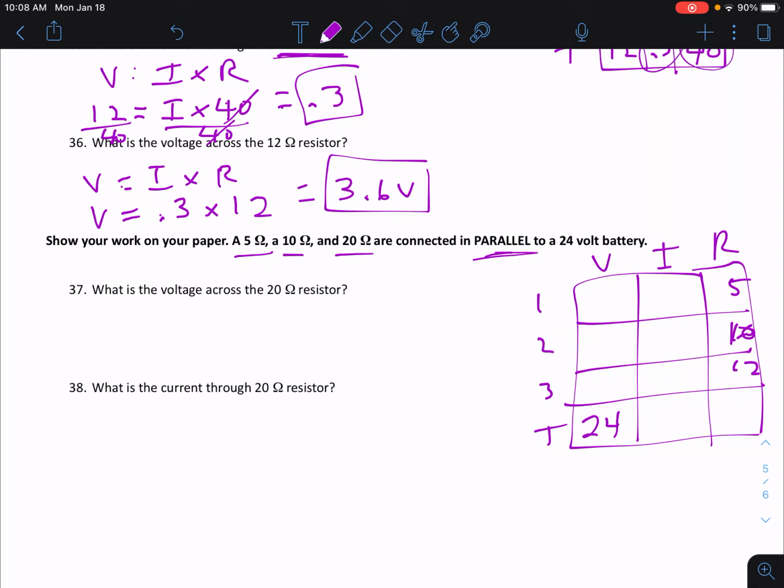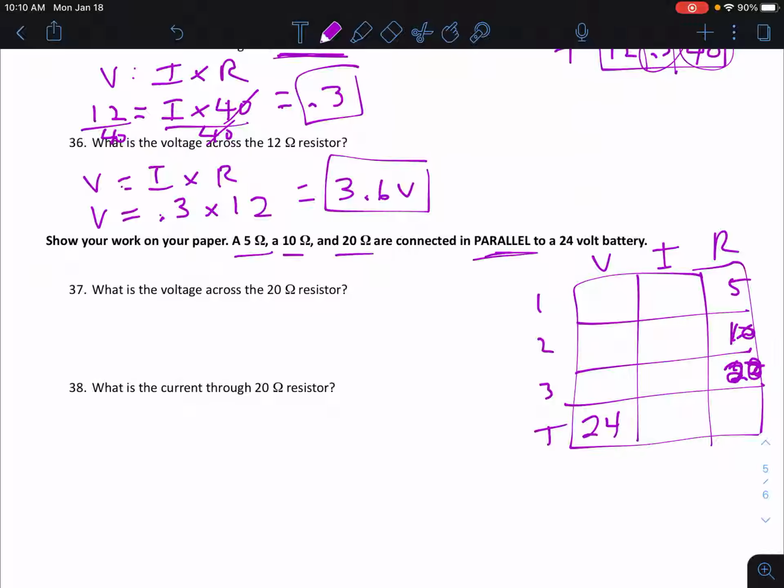What is the voltage across the 20 ohm? Oops. 5, 10, and 20 here, not 12. What is the voltage across the 20 ohm? Well, we need to know more information here in order to do this.